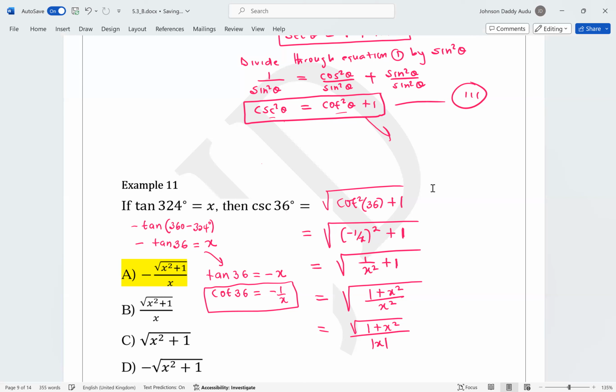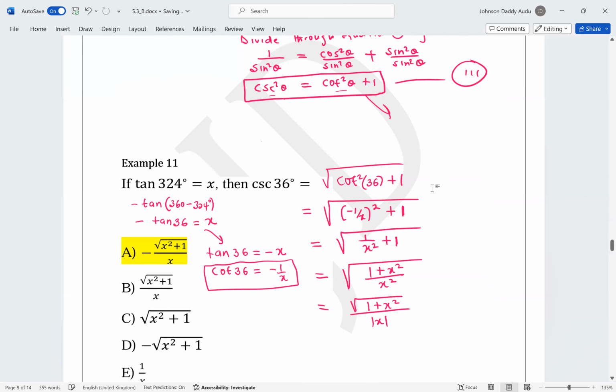But now, can we remove the absolute value? Let us check. Do we know if x is positive or x is negative? How do we know? We can see that here it is tan 324. This definitely is going to be negative, because remember, this 324 is in which quadrant?